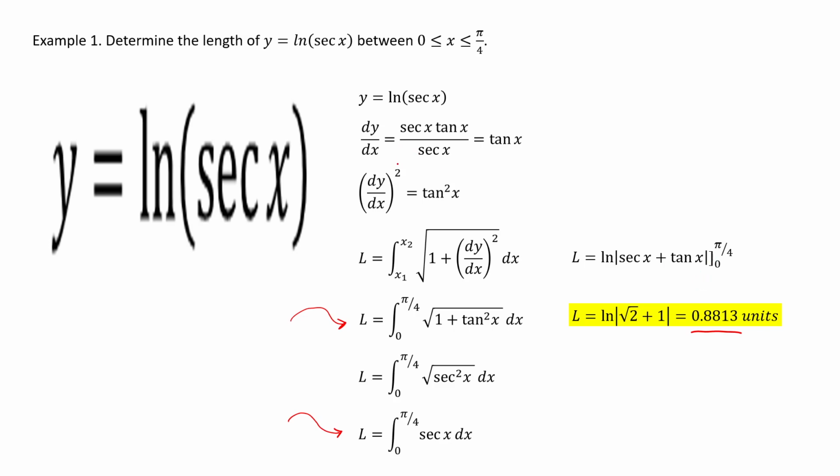Okay, we can also do this portion here. After getting dy over dx, you may get the squared function directly. So dy over dx squared.